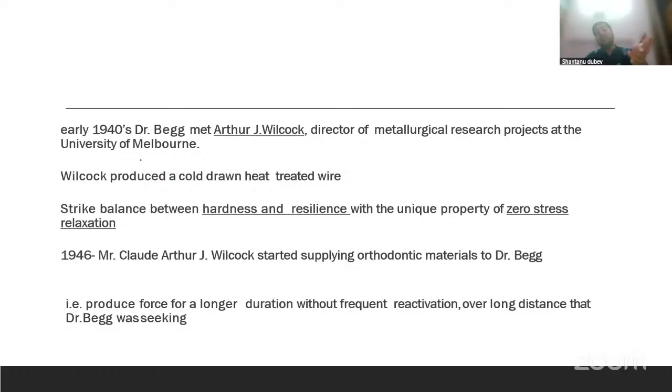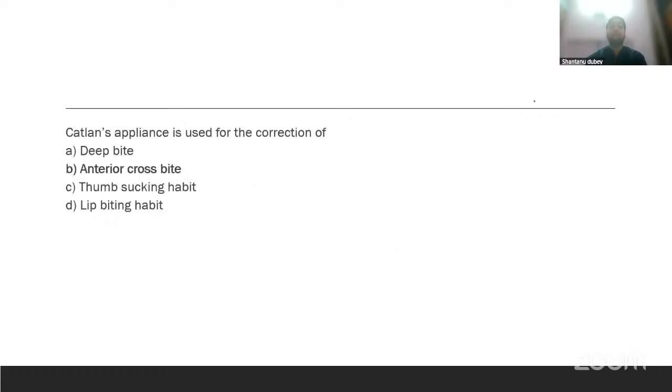He started supplying these wires to Mr. Begg. So it was more resilient, more hard. So the force was there for a longer time without reactivation, over a long distance. That is what Mr. Begg was seeking. He wanted to limit the number of visits, right?